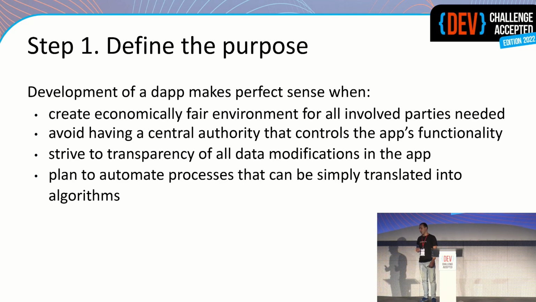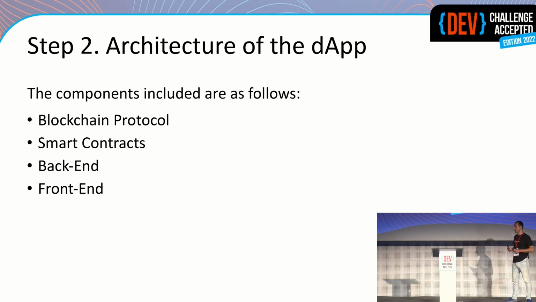You strive for transparency of all data modifications in the app, and as I mentioned, the blockchain is transparent, and everybody can read your transactions as well as your code. All the code of the dApps is public, and the community has the power to review it. And you plan to automate some processes that can be simply written into algorithms.